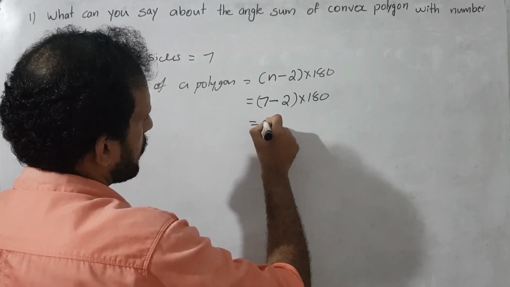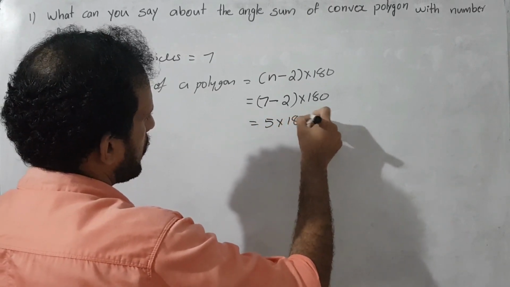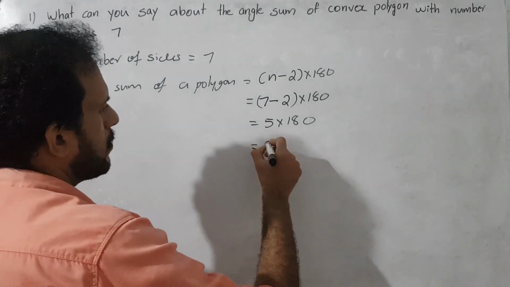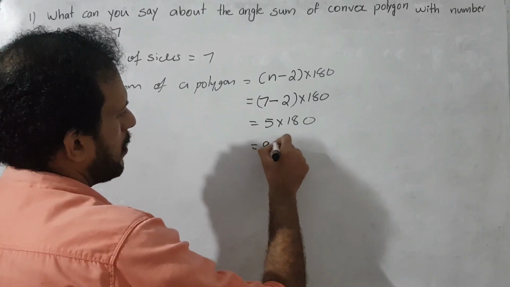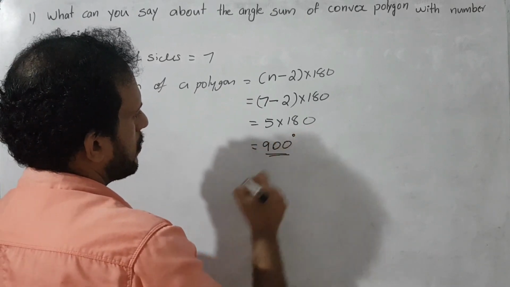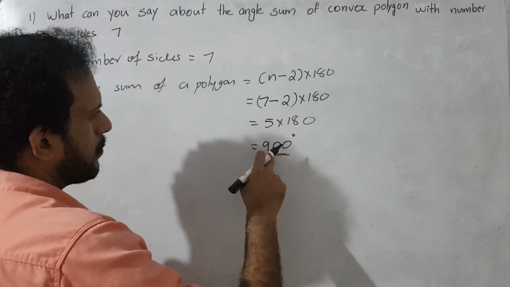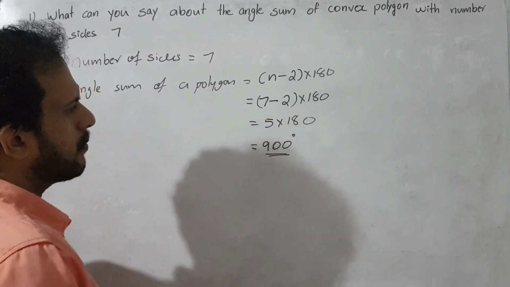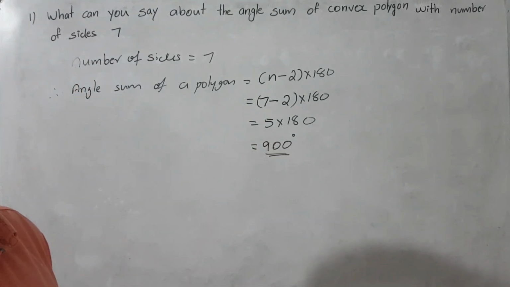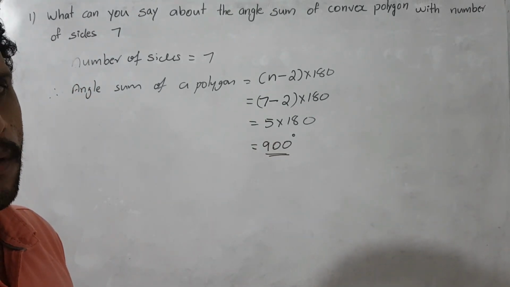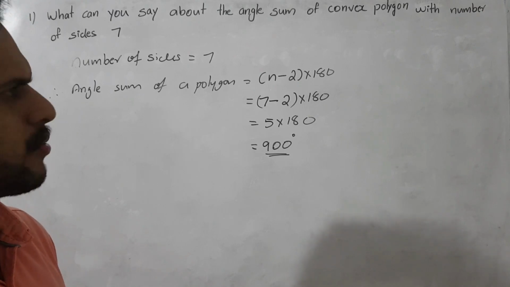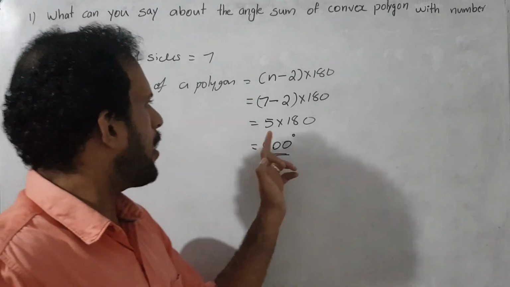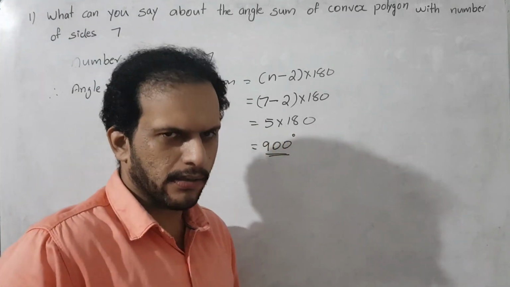Then 7 minus 2 is 5, into 180. Correct? Then what is the answer? 900. So 5 into 180 is equal to 900.